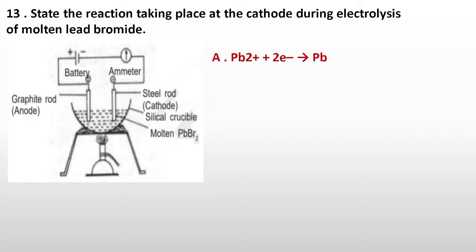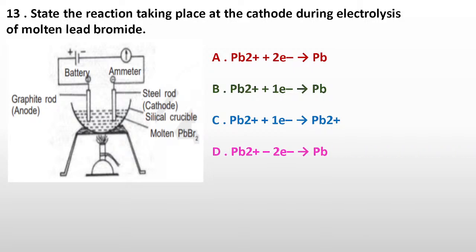And the options are A, Pb2+ plus 2 electrons gives you Pb. B, Pb2+ plus 1 electron gives Pb. C, Pb2+ plus 1 electron gives Pb2+. D, Pb2+ plus 2 electrons gives you Pb.